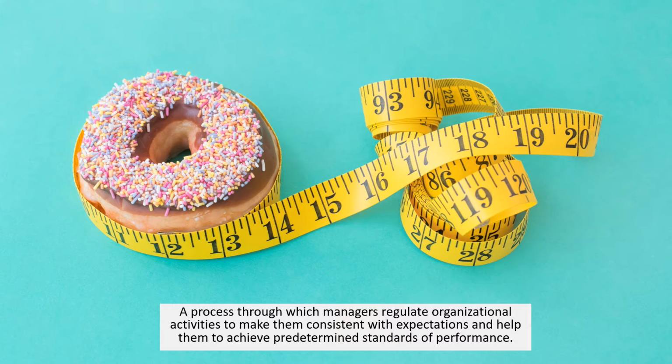So we can say that control is a process through which managers regulate organizational activities to make them consistent with expectations and help them to achieve predetermined standards of performance. We already have what we plan, we already organized our resources, our employees, we lead them, we motivate them on how to do all those tasks to make sure that they will achieve the objective.